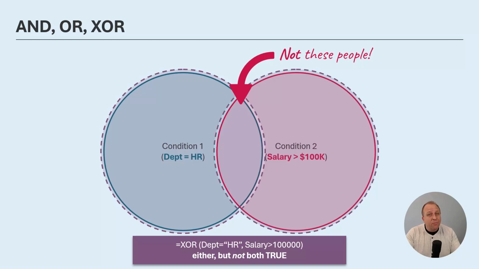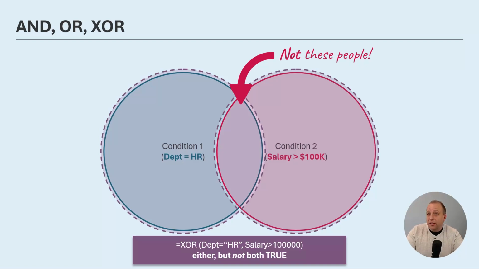But if they make more than $100,000 a year and they work in the HR department, it should actually be false. So the exclusive OR says that either part of these two circles that are outside of what AND would have done would be fine, but anybody in the overlap, those people are excluded.